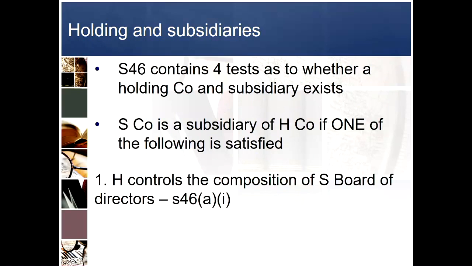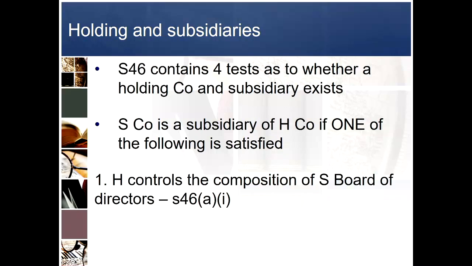In fact, they're kind of like four mini tests, because you only have to satisfy one of the four tests. If you satisfy any one of the four tests, then it will be deemed to be a holding subsidiary relationship. We'll see there's quite a lot of overlap between the four tests.